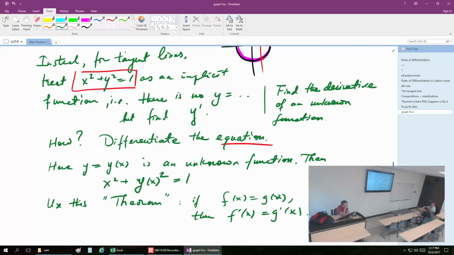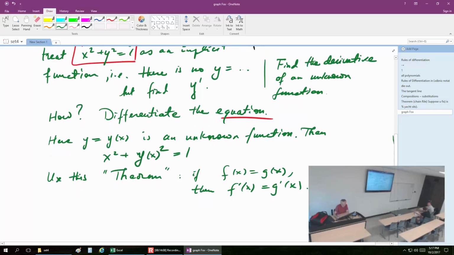If it's the same function, then of course it has the same derivative. Sometimes in mathematics you state things that are so obvious that you don't want to state them because they're just so obvious. I guess it's just a weird way to state it in the way I did.